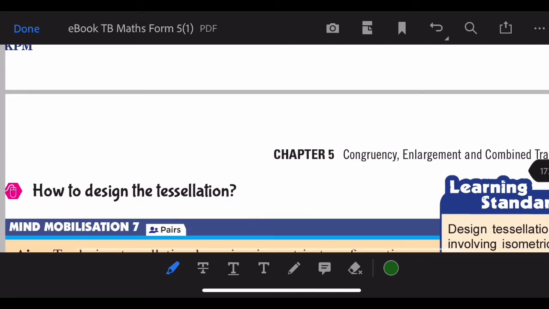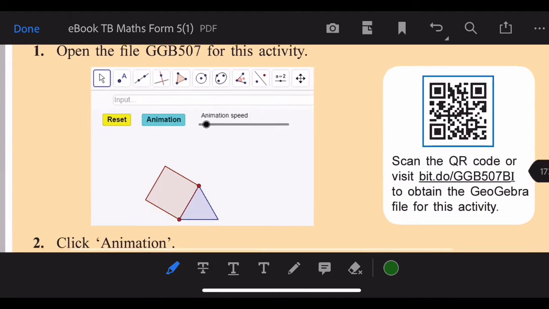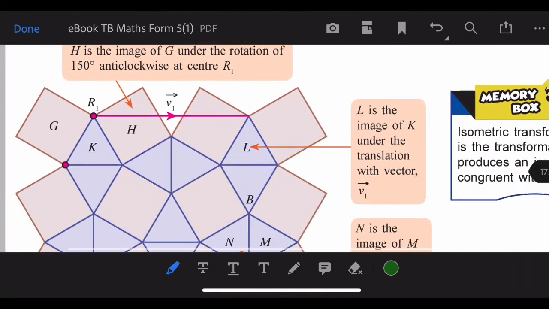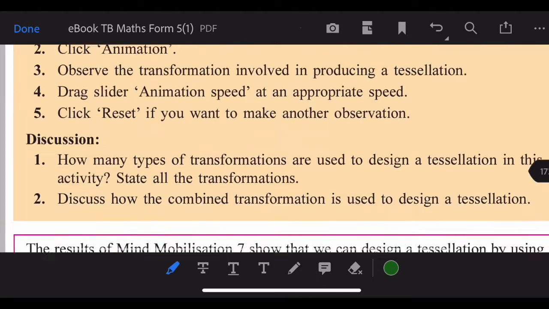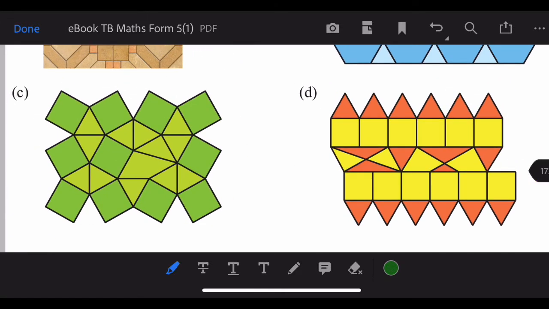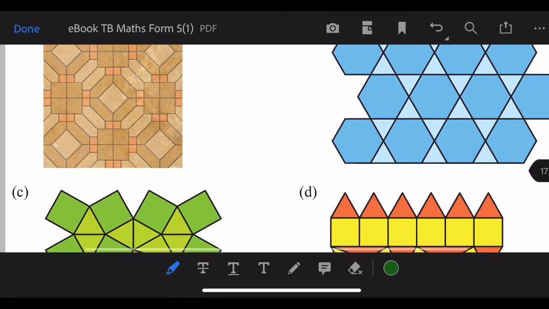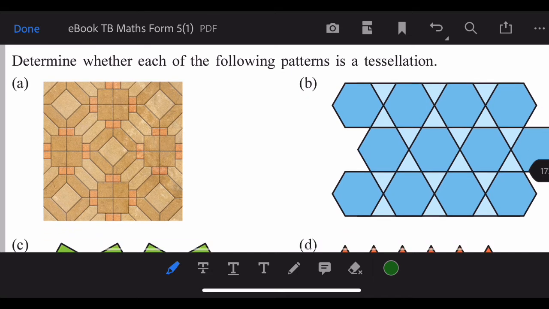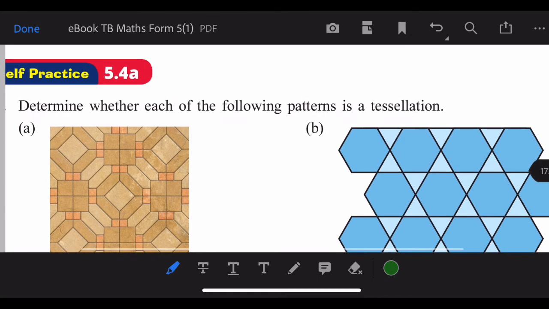Now we will discuss more on tessellation in the next lesson. I will actually explain to you the meaning of tessellation first before we proceed. So today's exercise is we just discuss this one. I'll give you 5 minutes to consider, and you give me the answer later.